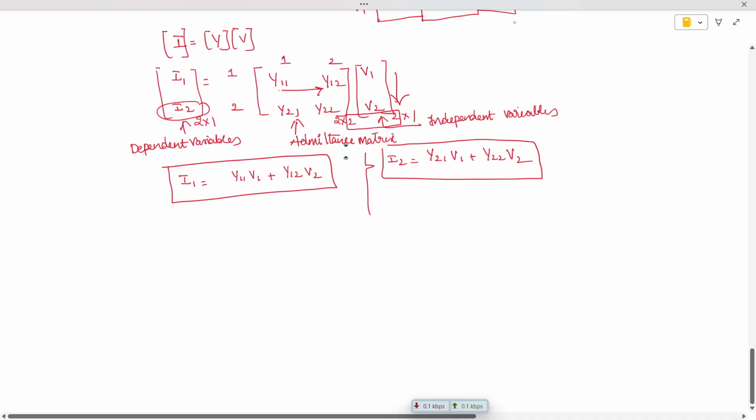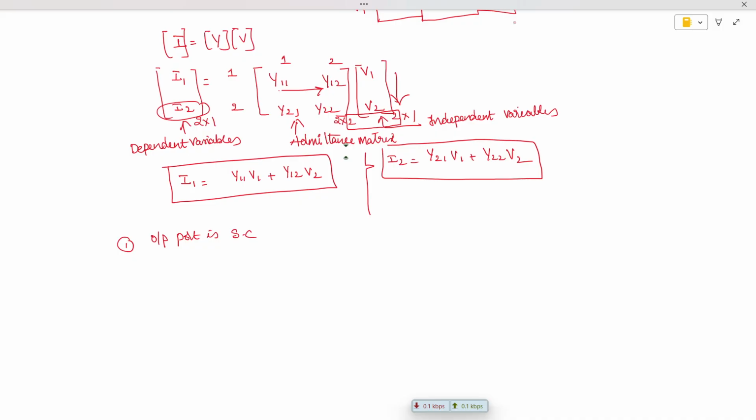Now let us do the first calculation. We assume the output port is short circuited. Short circuited means voltage becomes zero, I mean V2 becomes zero.